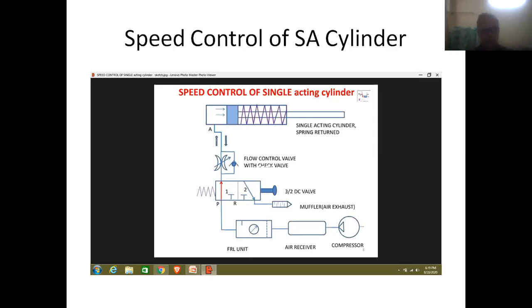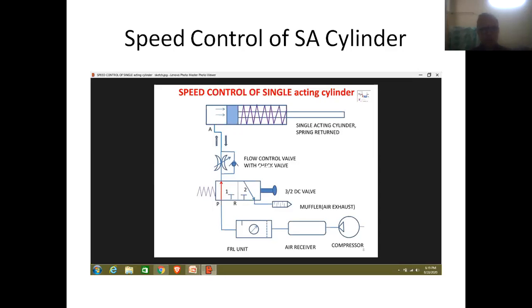And by controlling the quantity of fluid, it is controlling the speed of the fluid and also the speed of the piston that is moving inside the cylinder. So therefore, this is also referred to as a speed regulator.